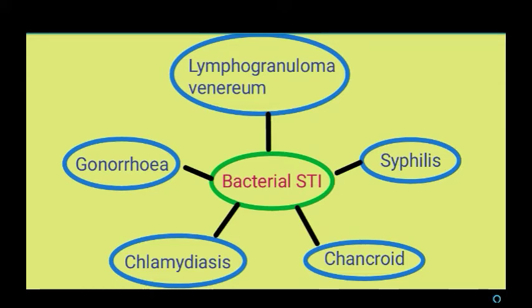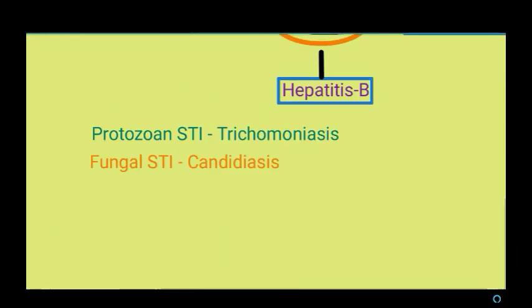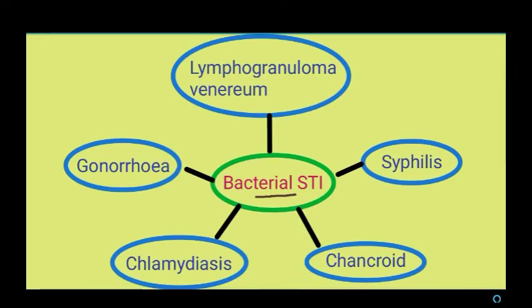So the sexually transmitted infections are divided based on the infectious agent. According to that, they are divided as bacterial STI, viral STI, protozoan STI and fungal STI. Now we are going to see the bacterial STIs.